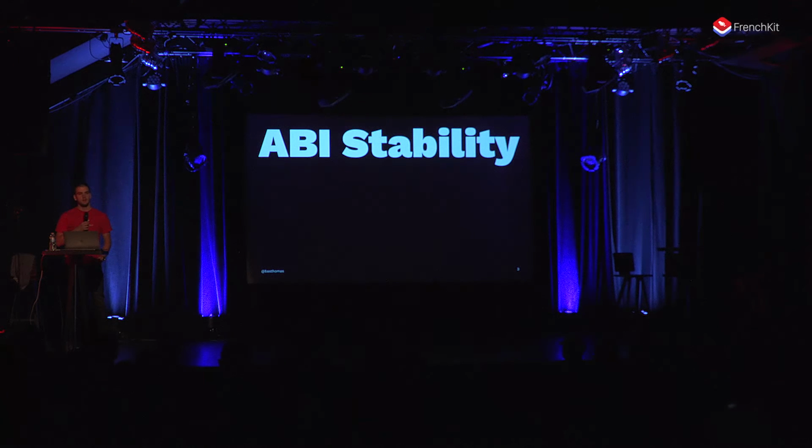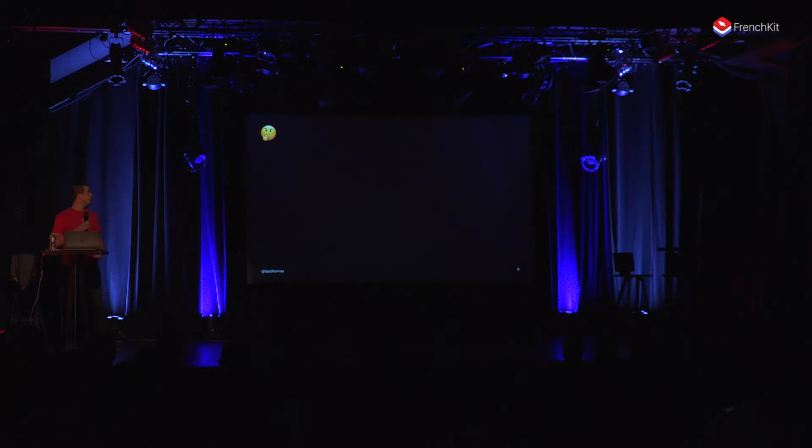So API stability, that's basically the main goal of Swift 5.